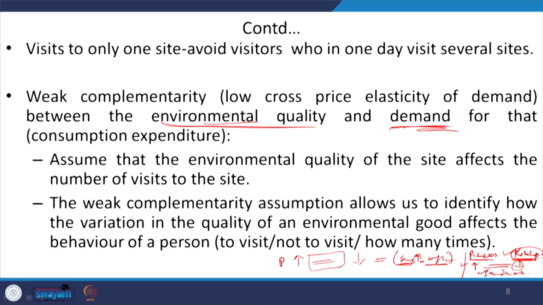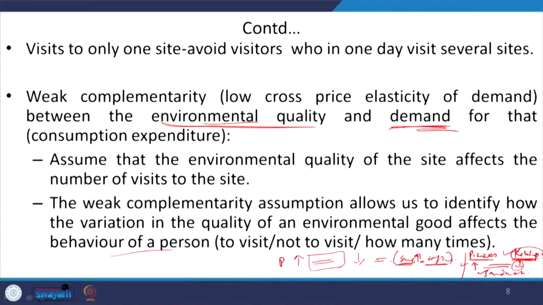This weak complementarity assumption allows us to identify how variation in the quality of an environmental good can affect the behavior of a particular person, whether to visit, or, if visiting is not strictly affected, how it is impacting the visit.